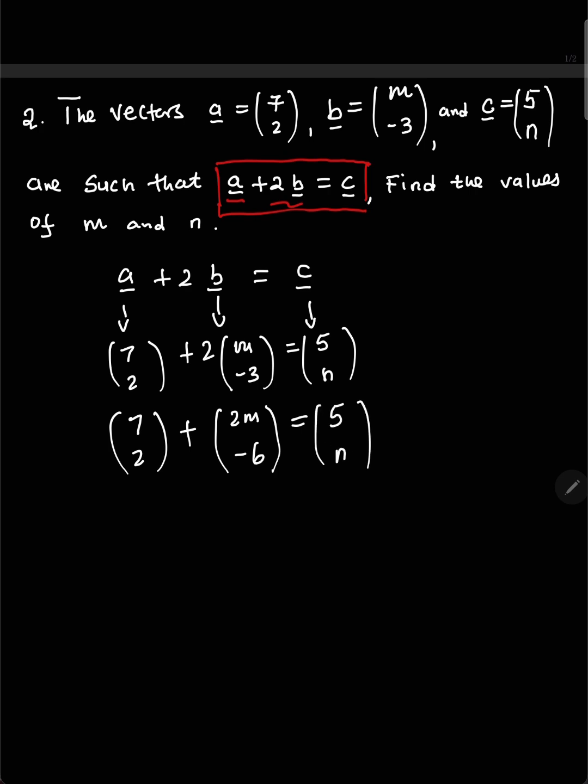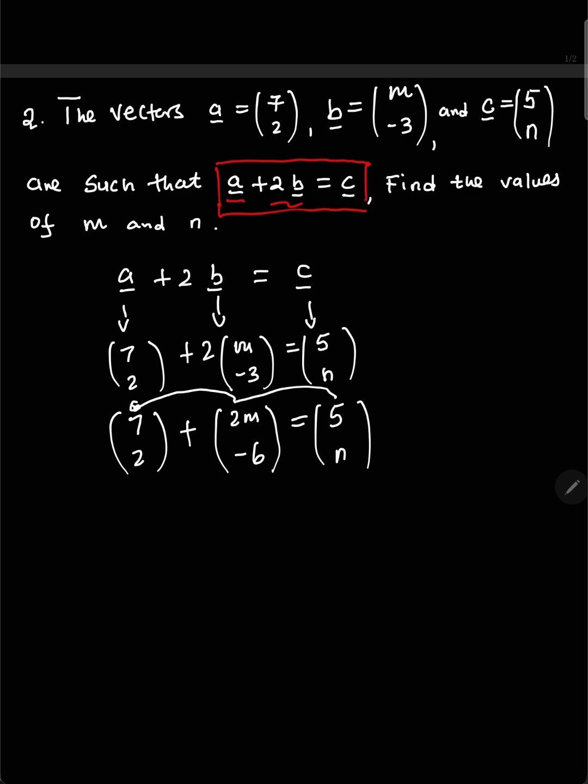So now what we have here is a situation where we're adding two vectors now. You can see we're adding vector A plus vector 2B. So we're now adding this vector and this vector to give us that vector. So how do you add these column vectors? The way you add column vectors is pretty easy. You just want to add entries that have corresponding positions, meaning 7 plus 2m is equal to 5. Okay, so that's what we mean here. So this added to that should give us that.